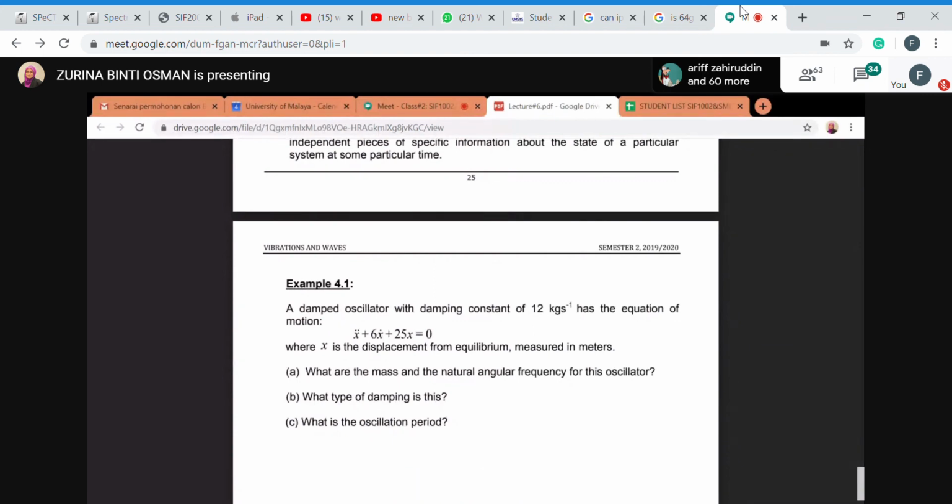It's not omega naught. The answer for omega is 4 per second, and therefore T is equal to 2 pi over 4, and the answer is 1.571 second. You got it? Okay, that's the answer.